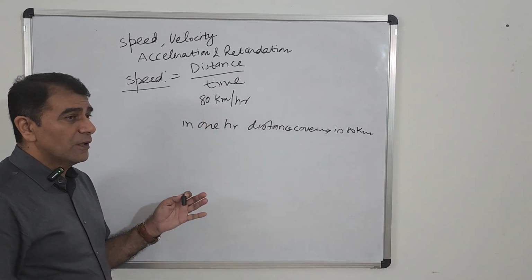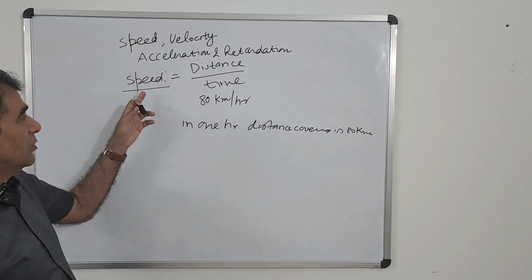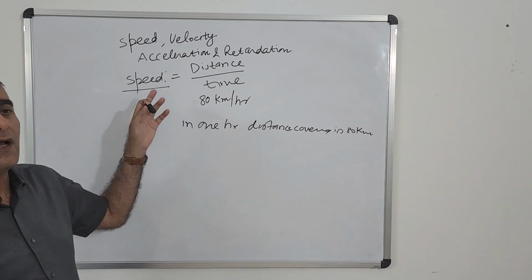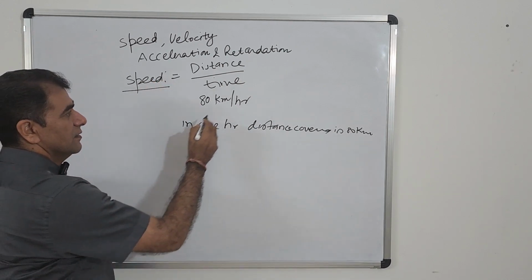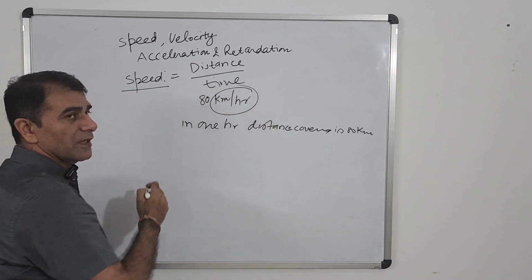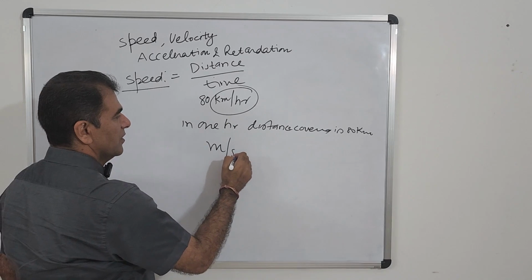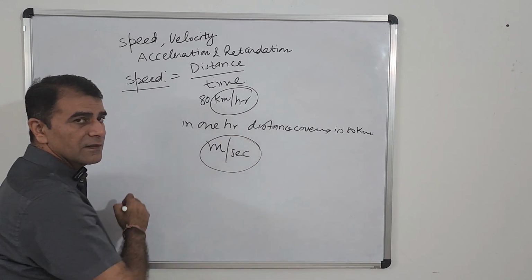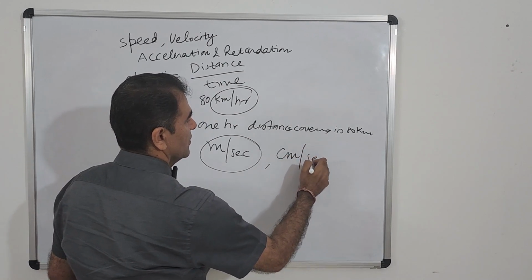So if we talk about the units of this quantity, this is a physical quantity. Naturally, it is a scalar quantity, I have told you in the last lectures. So what is the unit of speed? Unit of speed is kilometer per hour. Other unit is meter per second, right? Then another unit is centimeter per second.